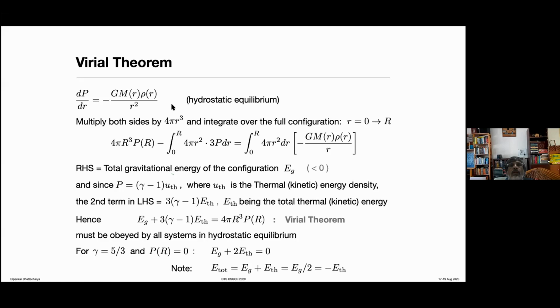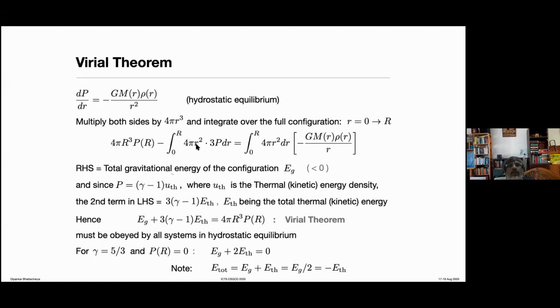So we integrate dP/dr from 0 to capital R. Then I will get 4 pi R cubed P(R) minus integration from 0 to R, 4 pi R squared.